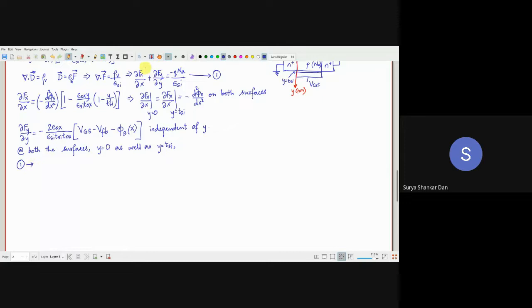This one. So I'll replace del fx del x with minus, so I'll just write here, it becomes minus d2 phi s dx square plus df del fy del y. So this whole thing. Okay, let me just copy.